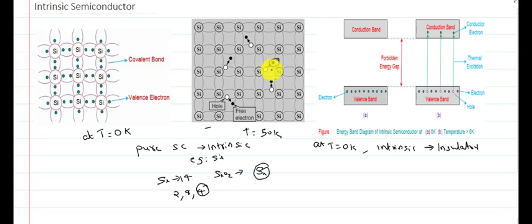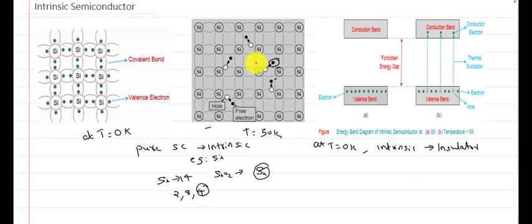If we look at this structure at T equal to 50 Kelvin, an electron-hole pair is formed by breaking these bonds. The electron concentration will be the same as the hole concentration. If there are 4 free electrons, there will be 4 holes.